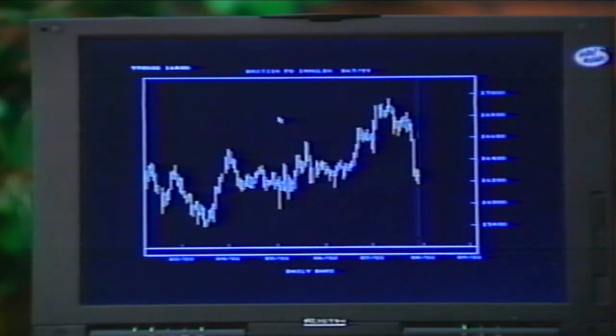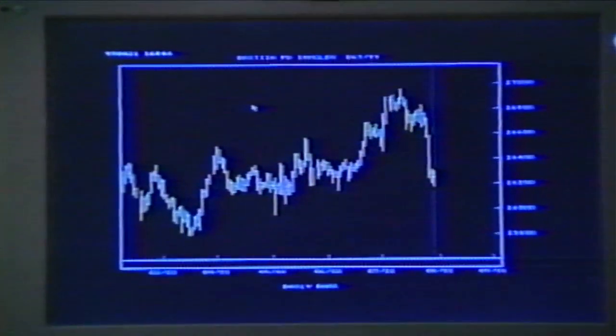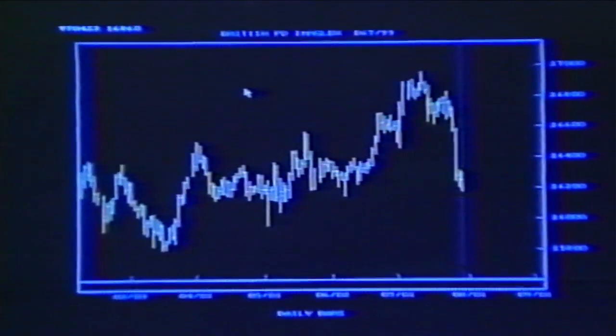For me, trading a chart without that information would be just like riding a bicycle blindfolded. So I'm going to put the delta information on this chart, and we're going to zero in a little closer so we can see the numbers as they come up, and show you a few things that this Delta Graphics program does.